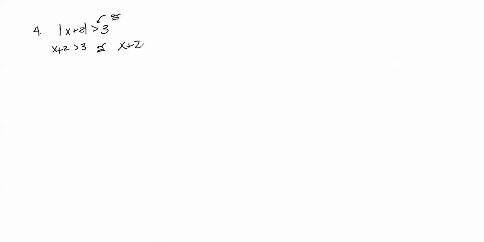Remember, that doesn't change, but we're going to flip our inequality and make that a negative 3. So you're always going to flip the inequality and change the sign of the right-hand side. So RHS is right-hand side.